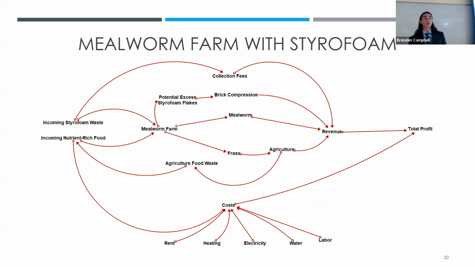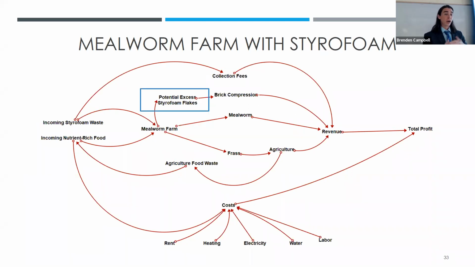This is another causal loop diagram, but it is expanding upon a traditional mealworm farm and adding in the styrofoam processing to the mealworm farm. So the mealworm farm gets an additional input of incoming styrofoam waste. And there's an associated collection fee with that for the farm taking in the styrofoam waste. They will be getting paid a certain amount of money for taking in that styrofoam waste.